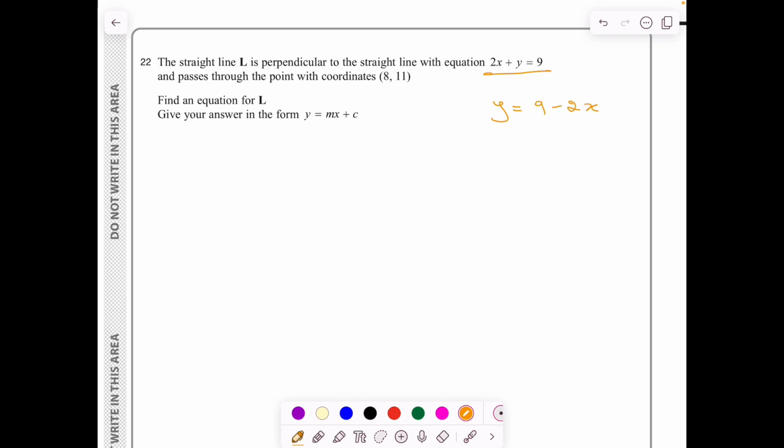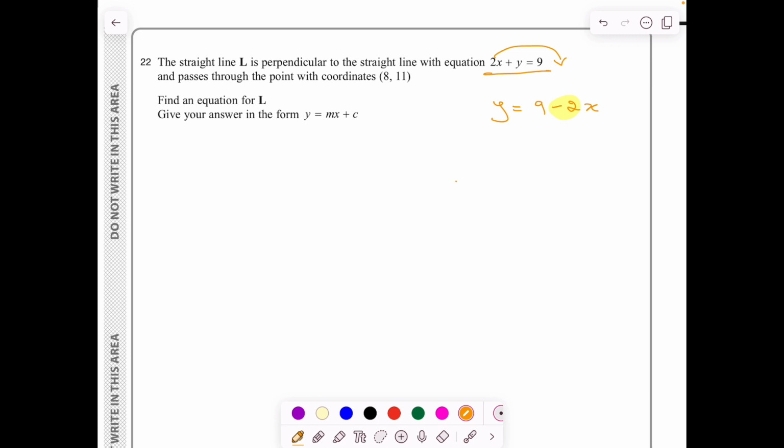So all I did was take the 2x over to the other side. I can then pick out the gradient straight away. It's minus 2. And remember, when two lines are perpendicular, the gradients multiply to make minus 1.